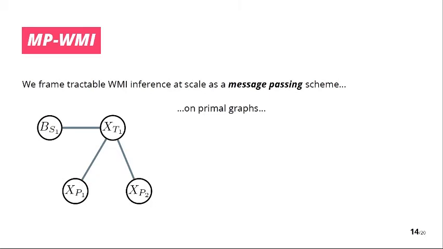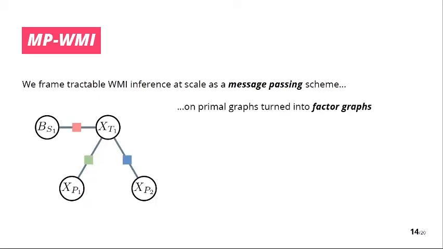Now we show how our proposed solver works. Recall that for each SMT formula, we could define a parameter graph to describe the variable dependencies. And we frame tractable WMI inference as a message passing scheme on parameter graphs turned into vector graphs.